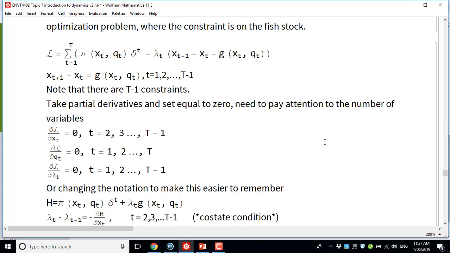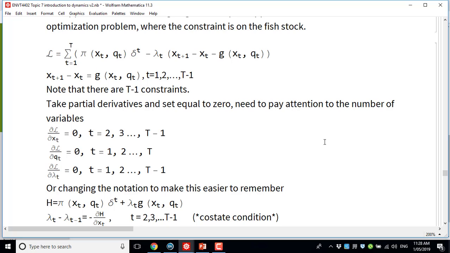You'd have an infinite number of variables, so that's not at all useful. So we have to have some end time when we stop fishing. You can usually just say, well, let's run it for 20 years or let's run it for 30 years, something like that. You want to sum the profit up.